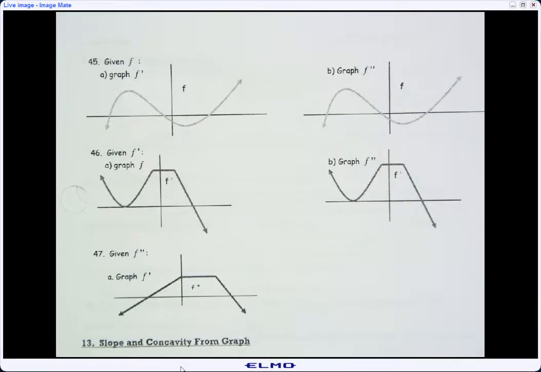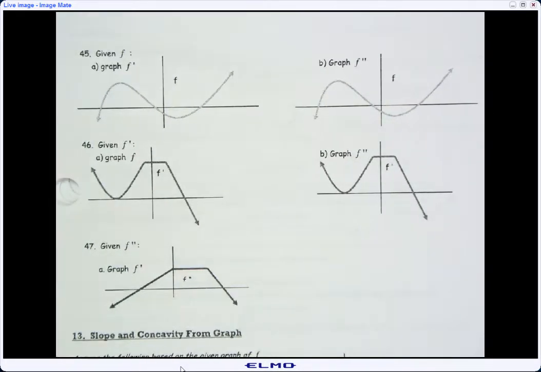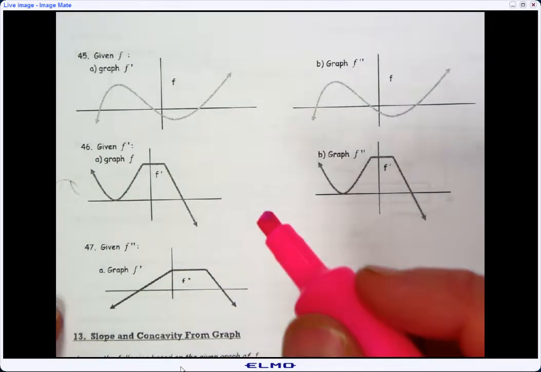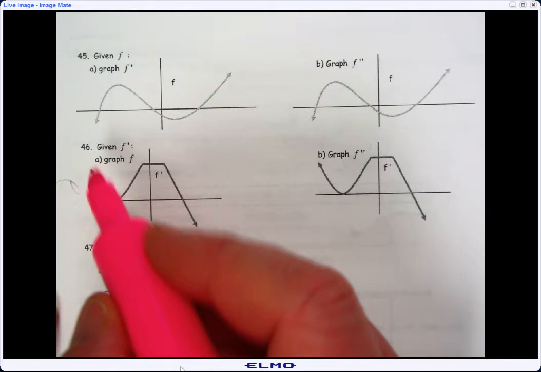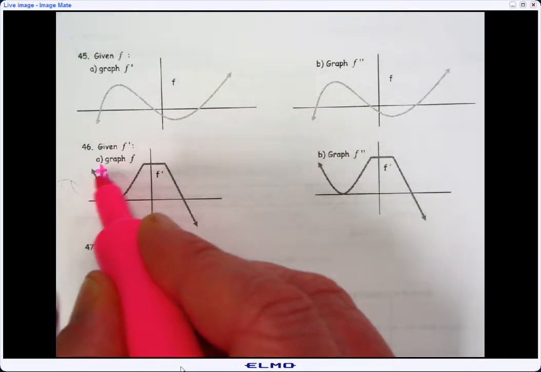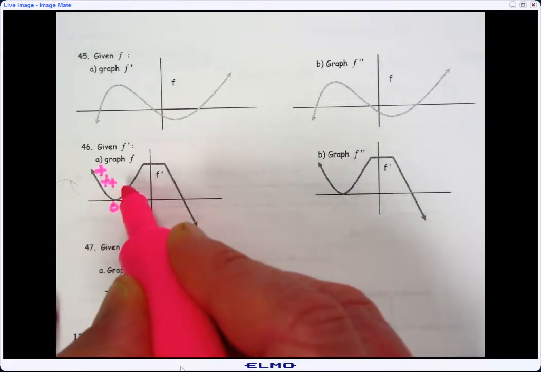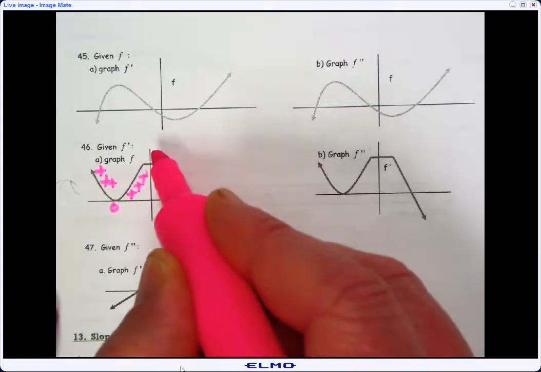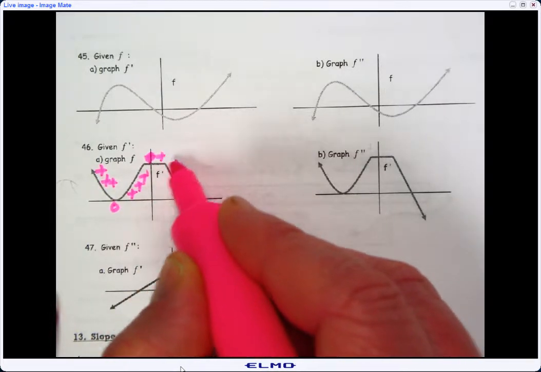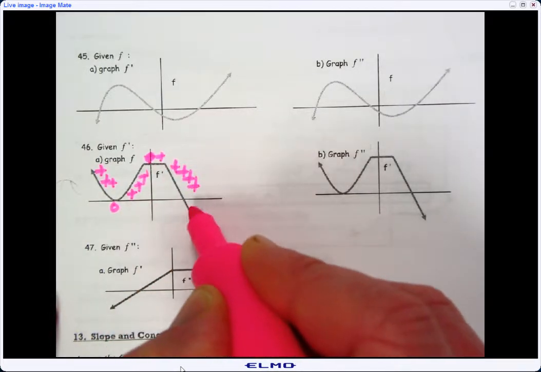More to do with curve sketching. What you might want to pay attention to is comparing the three graphs. So the graph of the derivative, remember, we are only worried about whether it's positive, 0, or negative.